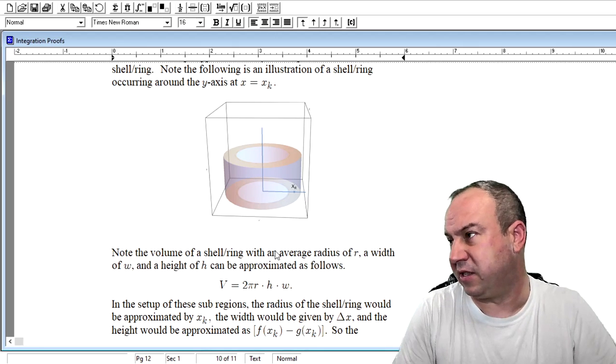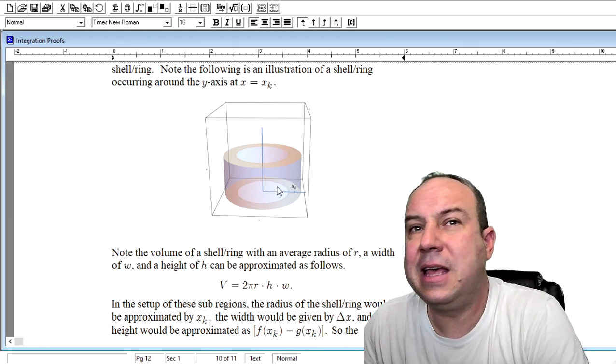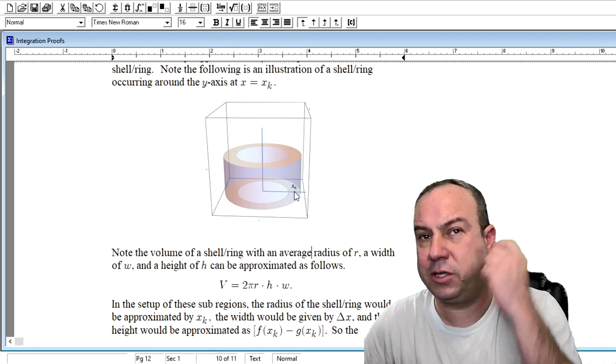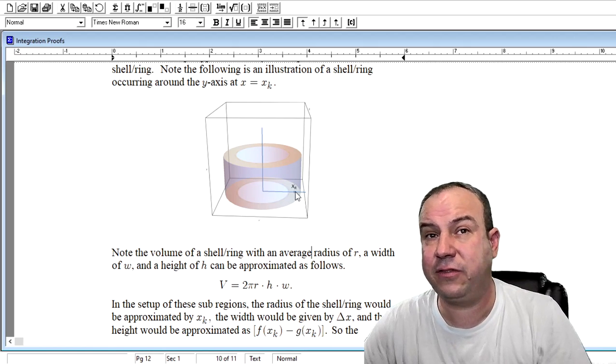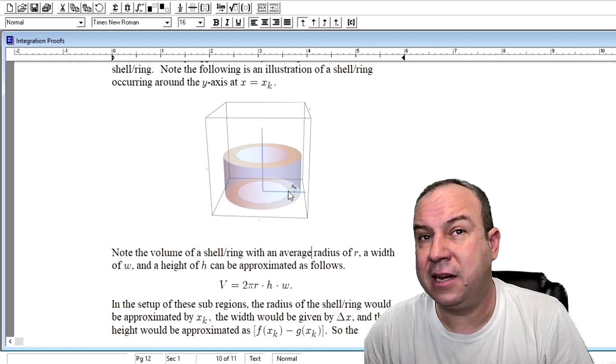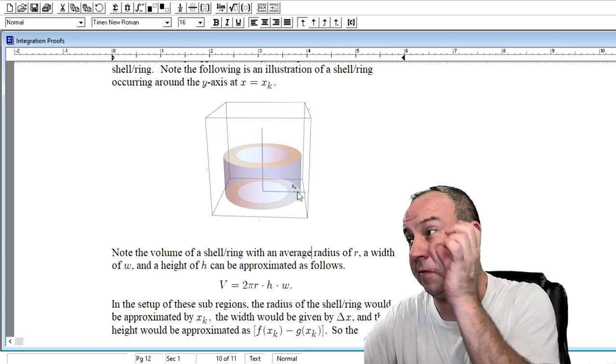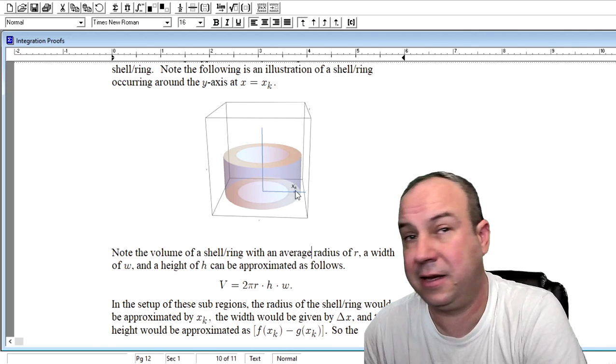You notice it doesn't have the same radius over that distance from the origin, but it might have an average radius that we call x sub k. The innermost radius averaged with the outermost radius would point you right to the middle, and that's true for every single observation of x in there. The average would be at x sub k.